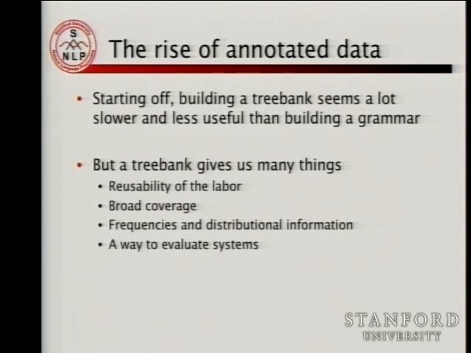Because even if you weren't thinking very probabilistically, in retrospect it seems like surely having treebanks would just be a marvelous idea, because then everybody could evaluate their parsers and see how good their coverage was and compare it. We have a good sample of English, so we can see what phenomena parsers do and don't cover and where their grammar should be extended. It seems just a generally useful concept, but I guess a lot of things seem a good idea in retrospect, but somehow weren't obvious to people at the start.